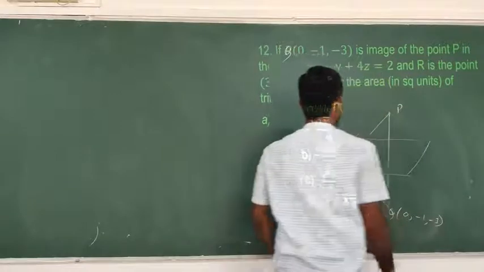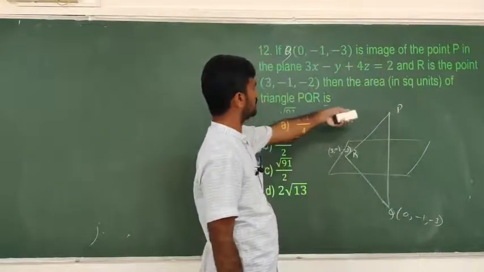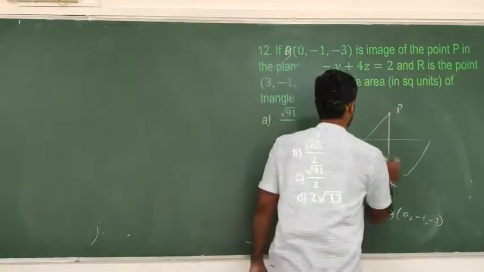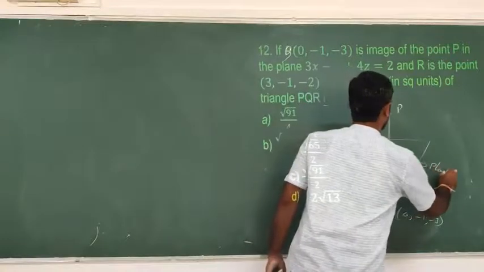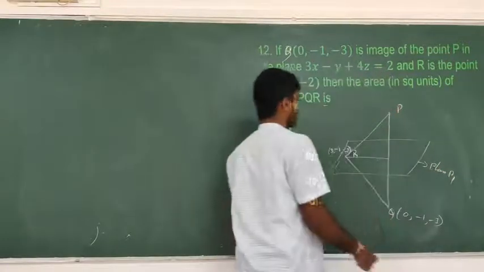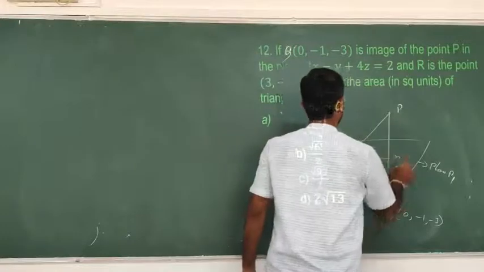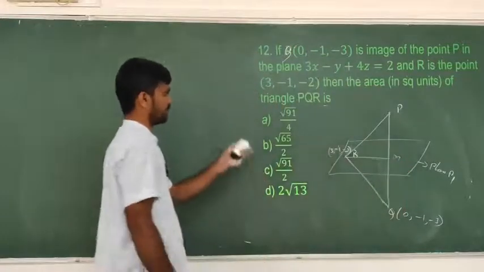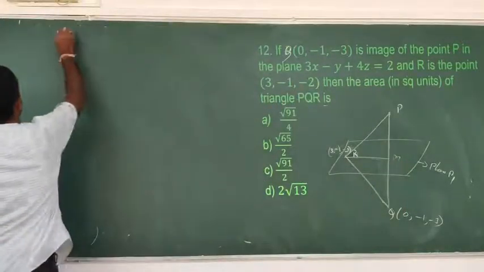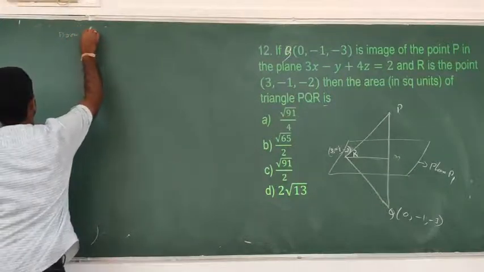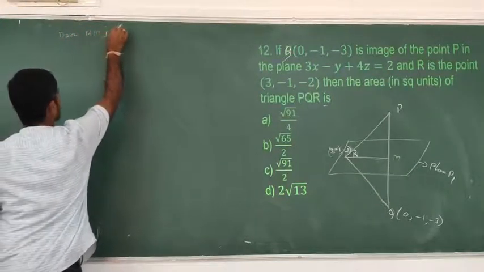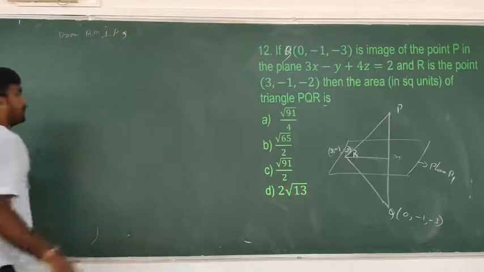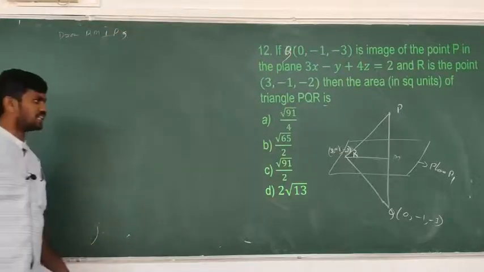So here Q is the reflection or image of P with respect to this plane. Just draw a perpendicular RM, which is perpendicular to PQ. RM perpendicular to PQ.